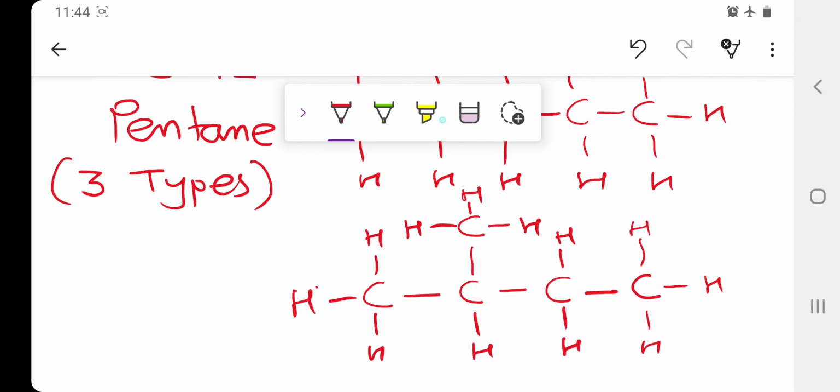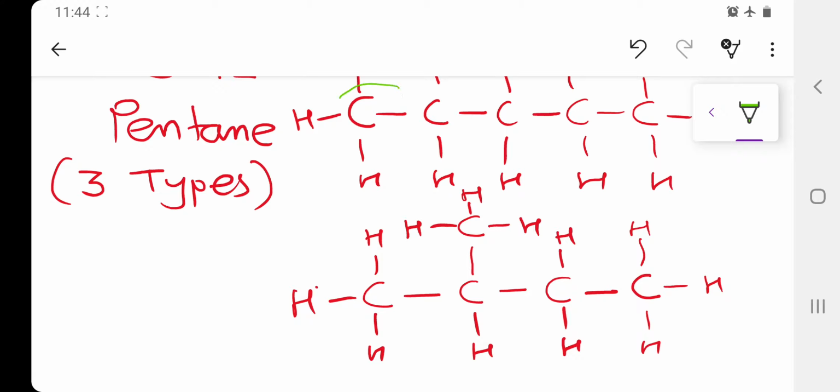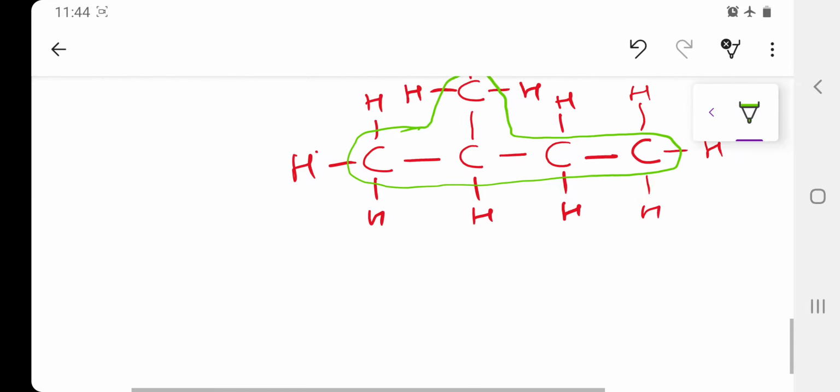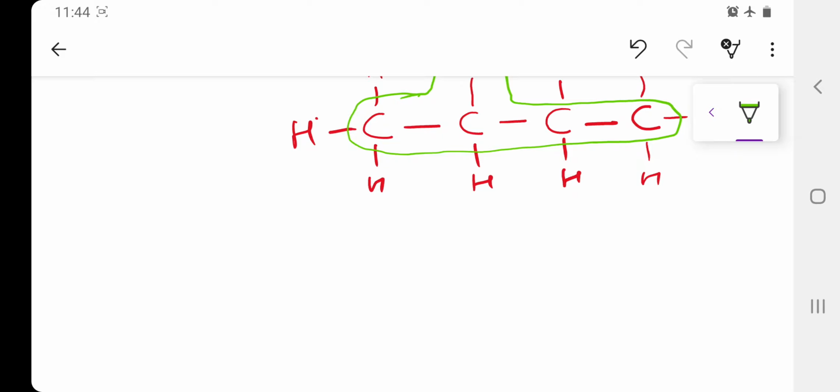Now this is a branch chain, because pentane can exist in straight chain, and then it is like a tree branch, as you all know. This is the branch chain. And the third form in which pentane exists is like this one. Then it is 3 hydrogens to this carbon.